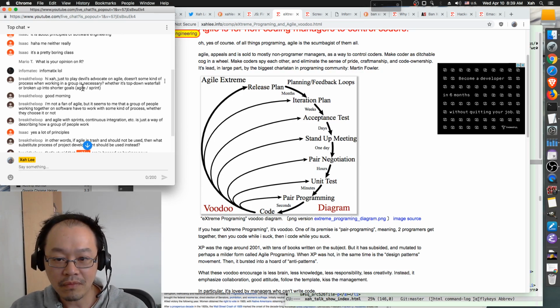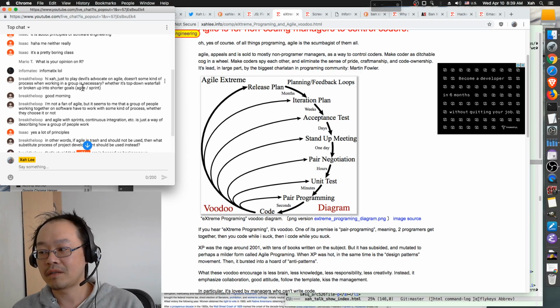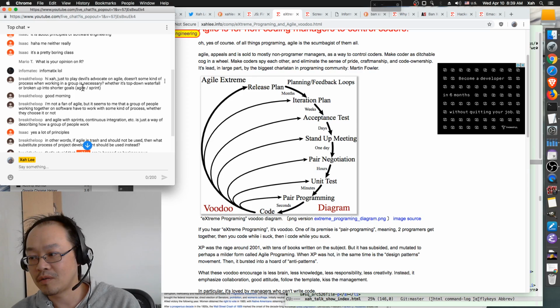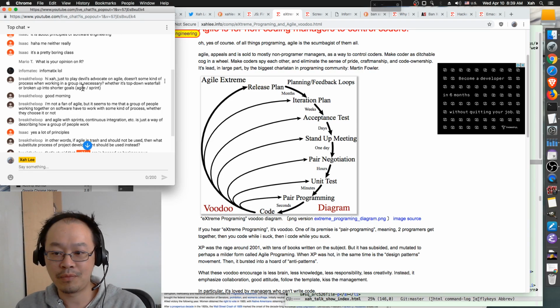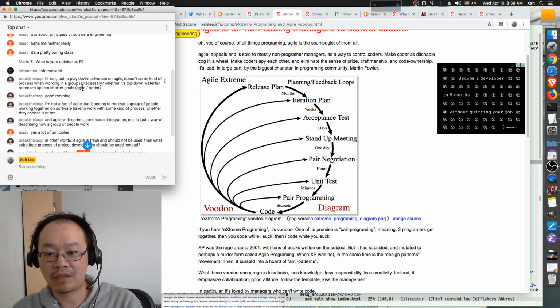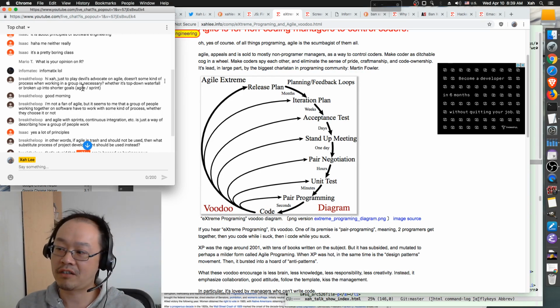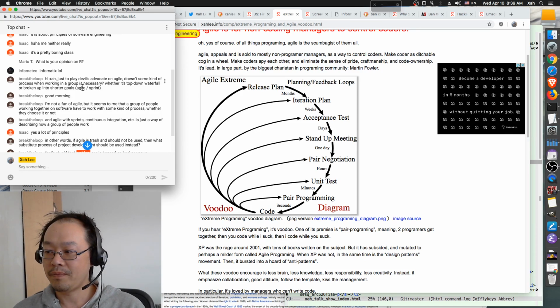So the implication is that isn't agile one of these processes which may be good, which has advantages and disadvantages. Yeah, that's true. That's a good perspective.